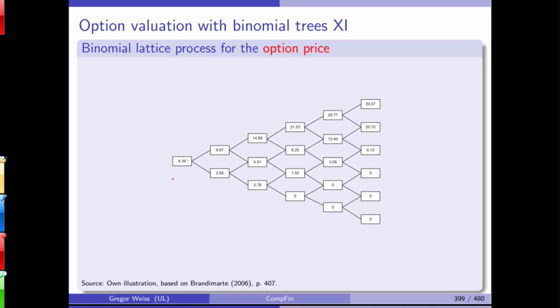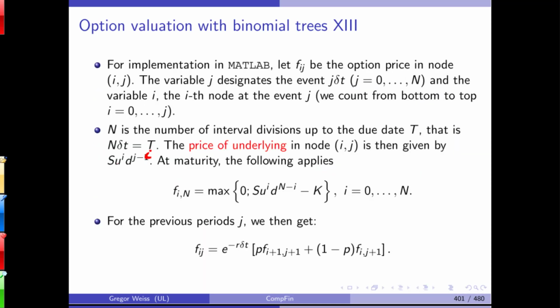If you've gone up 1, 2, 3 times, you can go down 1 time, you can go down 2 times, or no time. So this makes more sense. So it should be u to the ith power and d to the j minus ith power. So in maturity, the following applies.